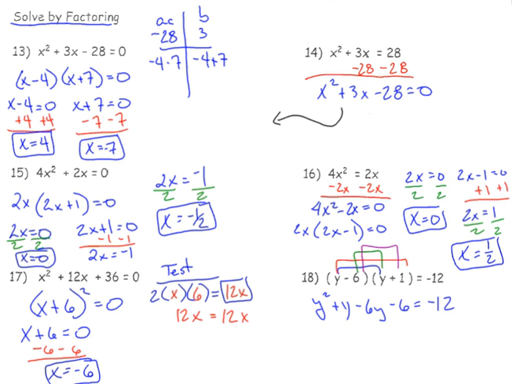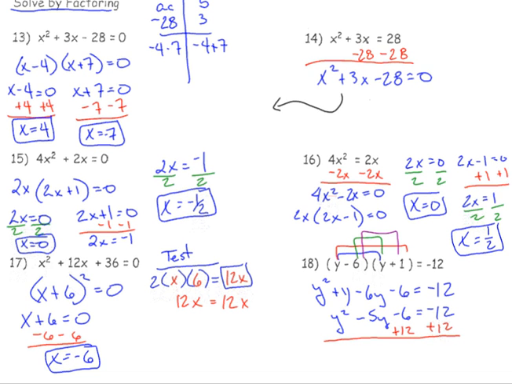I combine my like terms from the left. Y squared minus 5y minus 6 equals negative 12. I now add 12 to both sides. I have y squared minus 5y plus 6 equals 0. I now have to factor.